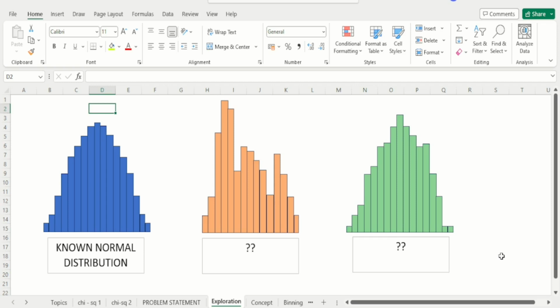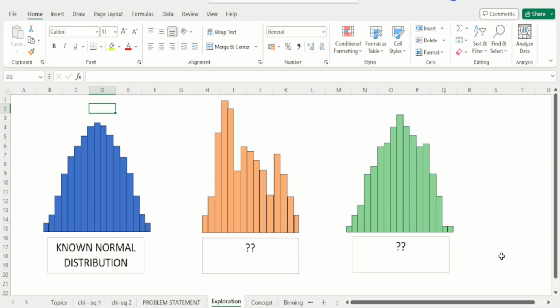If we were to say that the first distribution that's in blue color is a known normal distribution, we know that it's a normal distribution. Now look at the two other distributions that we have in orange as well as in green on the far right. If you just were to look at it visually, which one of these two, the green one or the orange one, do you think is a normal distribution?